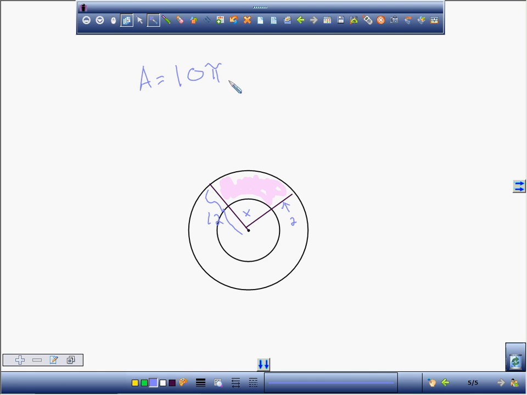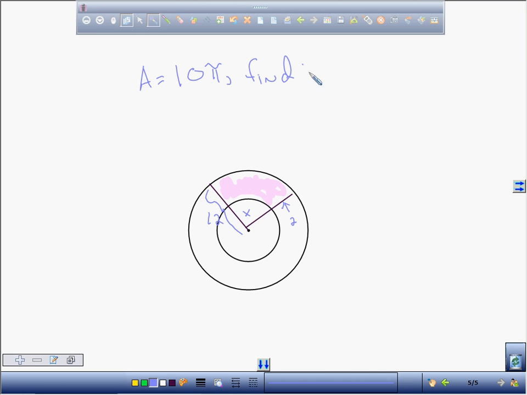And they say find X. So this is a little bit trickier because this is a piece of an annulus, right? So to find this piece, how much is the inner radius? If this is 2 and that's 12, what's the inner radius? This is 10, right? From here to here.